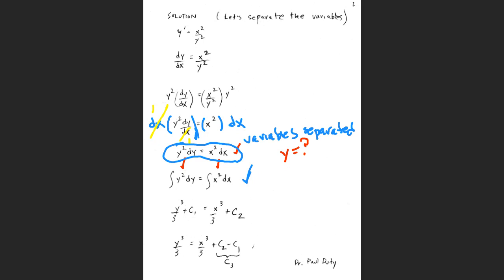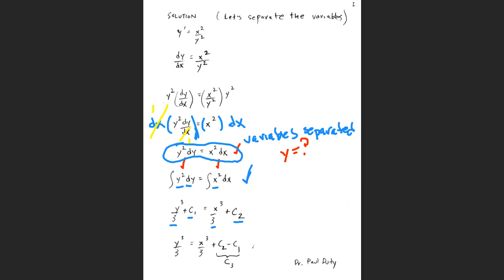The antiderivative of y squared with respect to y is y cubed over 3 plus c1, some constant of integration. Similarly, on the right side, the antiderivative of x squared with respect to x is x cubed over 3 plus some constant of integration, which I'll call c2.